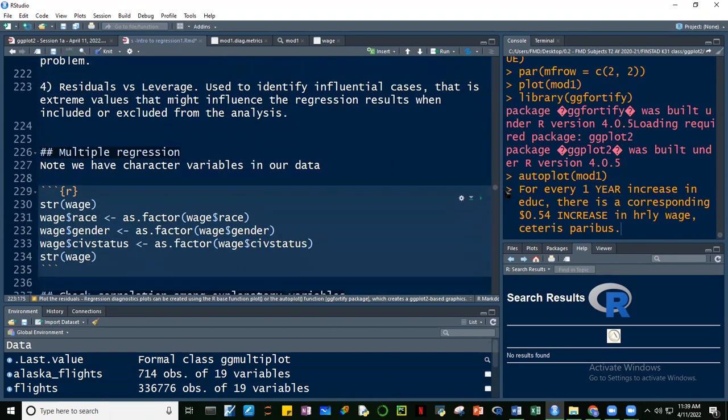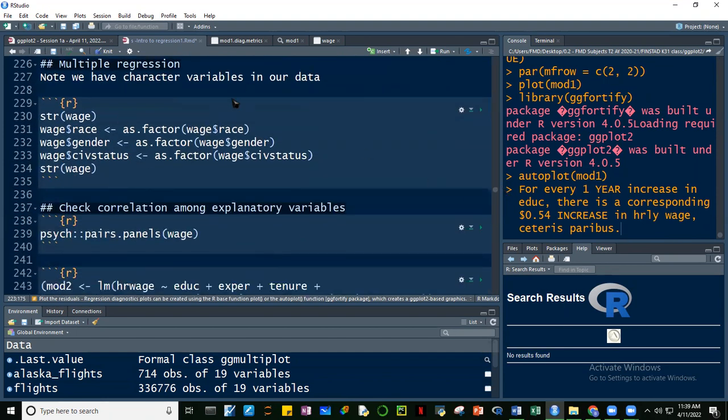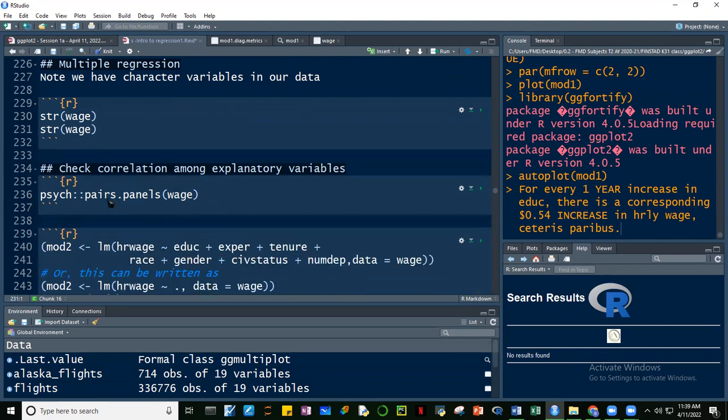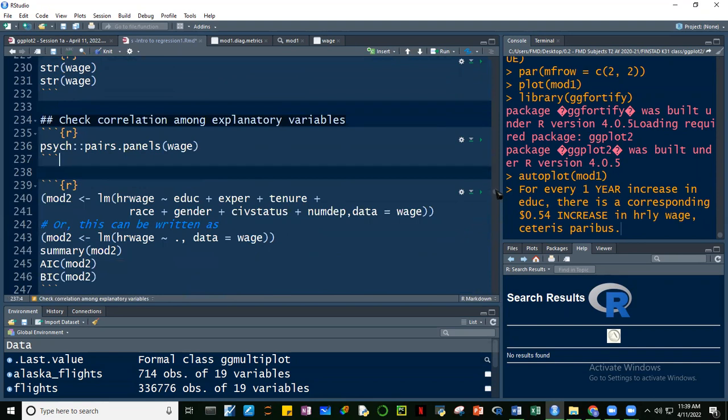Okay, now let's go, guys, to multiple regression. Redundant na to, ano, kasi nagawa na natin to, na-as factor na natin to. All right. Sa psych package, guys, you can plot the pairs.panels function.